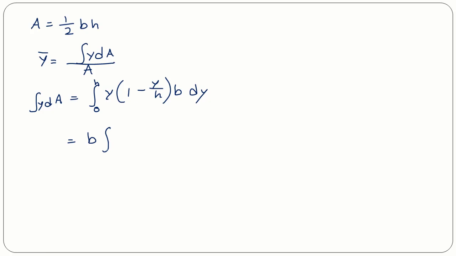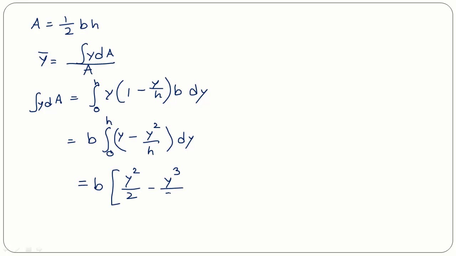So b integral 0 to h, y minus y square by h dy. So this will be b into y square by 2 minus y cube by 3h within the limits 0 to h. Now from this, if we solve, we will get b into h square by 2 minus h cube by 3h.